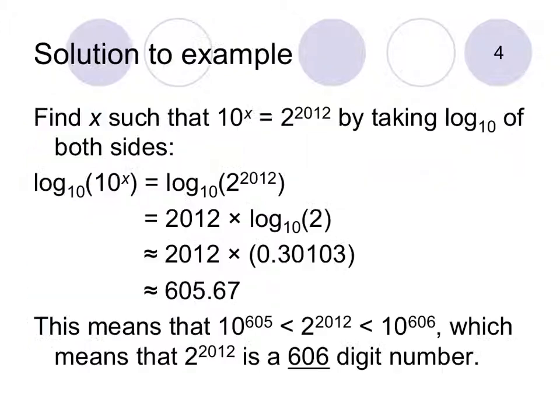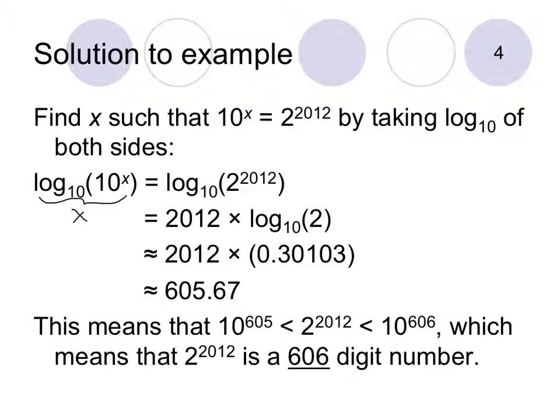So back to the problem, we were trying to find the value x that makes 10 to the x equal 2 to the 2012, and we can do that by just taking the log base 10 of both sides. So x is the log base 10 of 2 to the 2012.